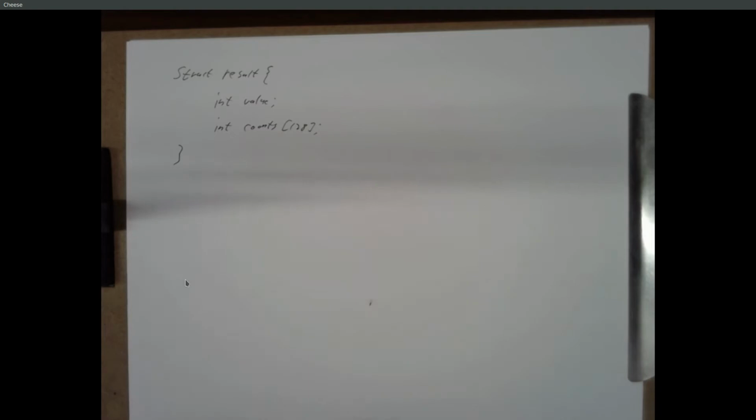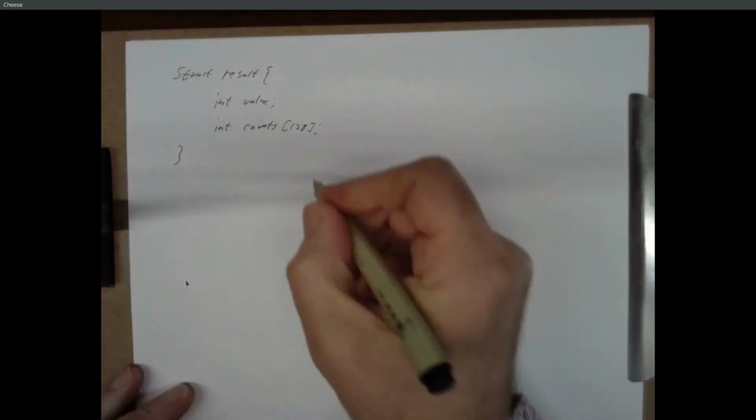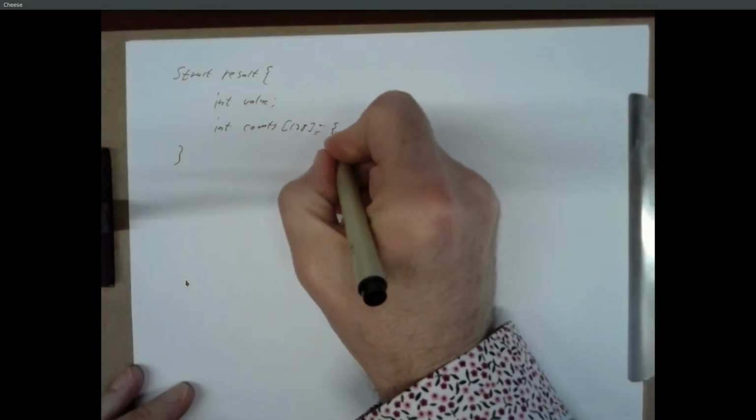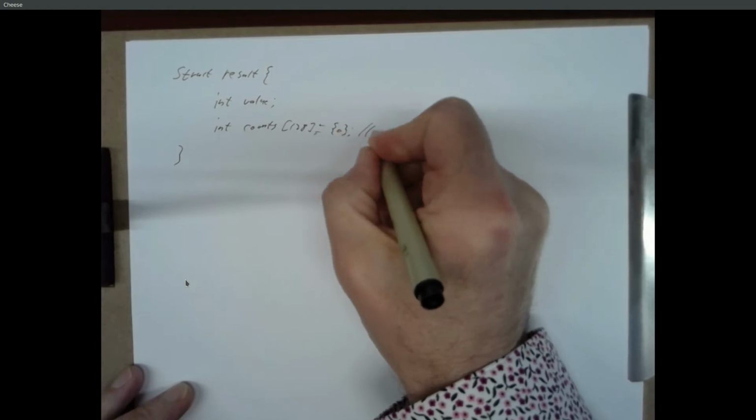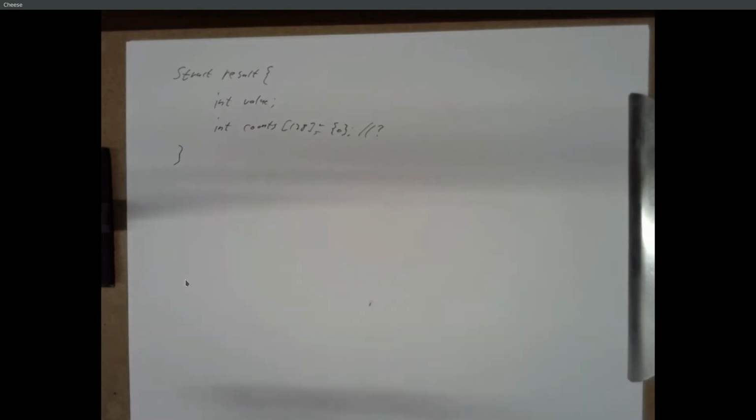And to initialize this, you want to set your value to 0, you want to set your counts to 128. So you can make an init function that clears all of those out. You may be able to do that, but I don't actually know if that works inside a struct. I suspect it doesn't, but if it doesn't, just go through a loop and set them all to 0 to begin with.